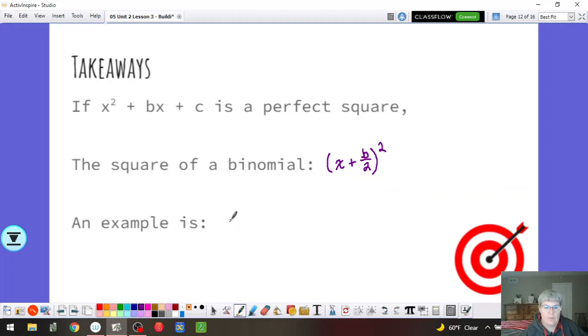So for example, if we have x squared plus 16x plus 64 as our perfect square, that's going to equal x plus 8 squared, because 8 is half of the 16.